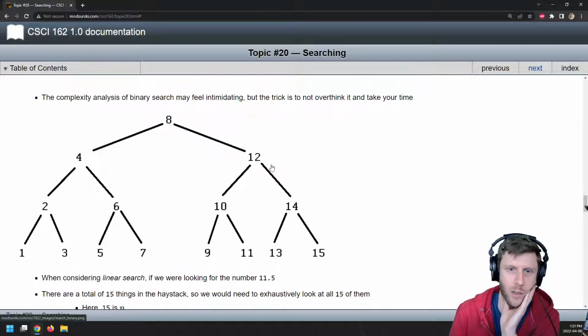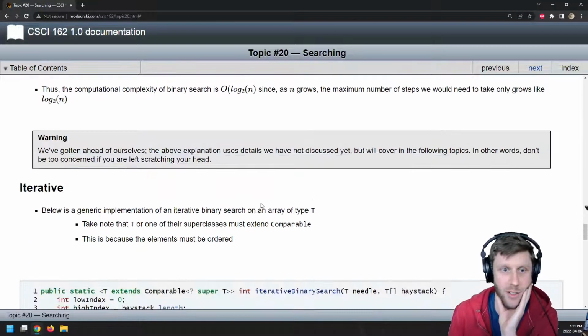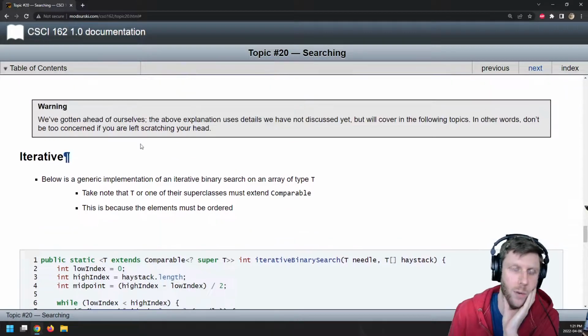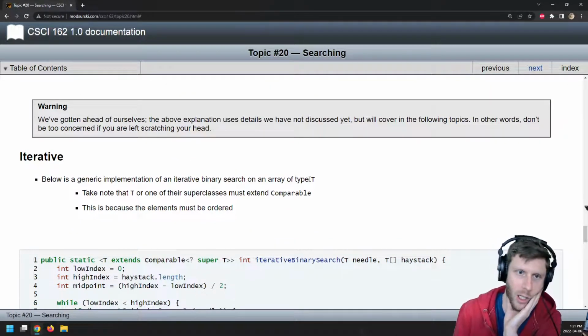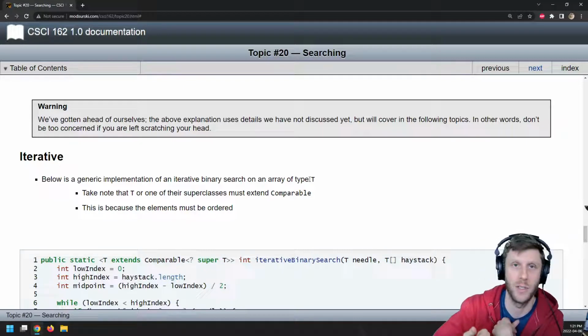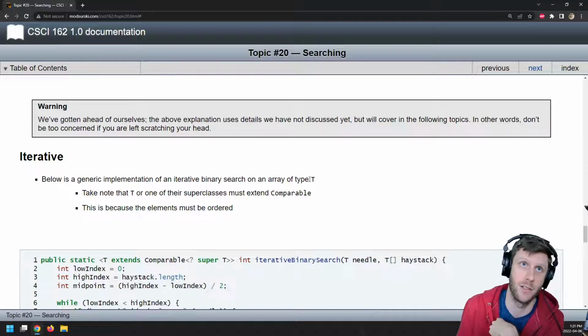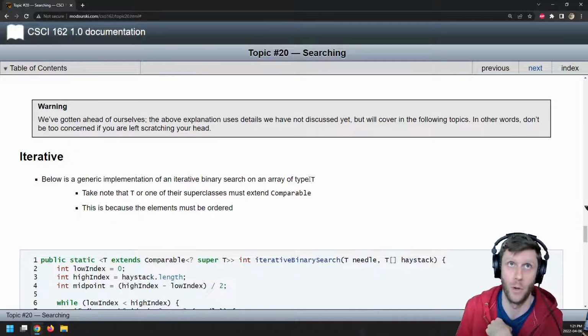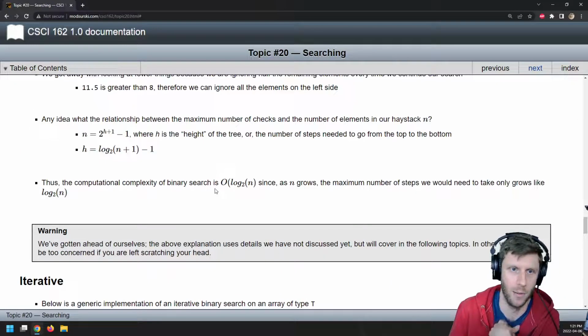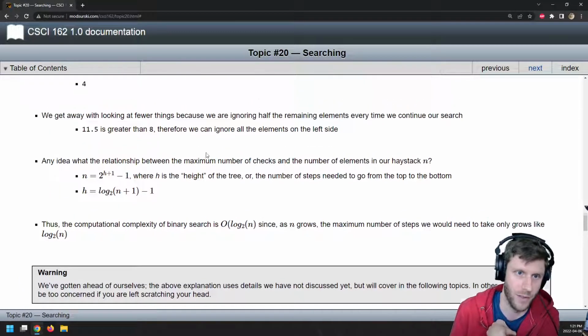So this is level 1, 1, 2, 3. So the height of this is 3. So we do 3 plus 1, that's 4. 2 to the 4 is 2 times 1 is 2, 2 times 2 is 4, 2 times 3 is 8, 2 times 4 is 16. And then we've got our minus 1. That's how we get our 15.